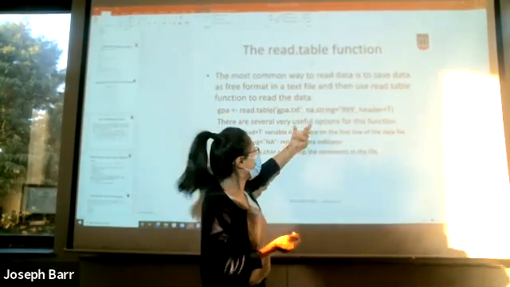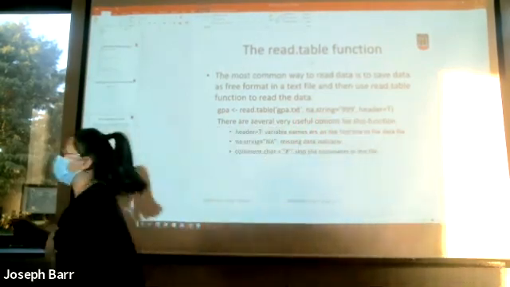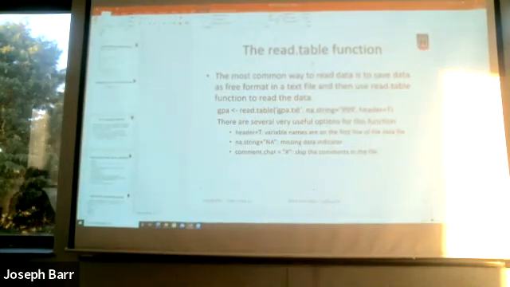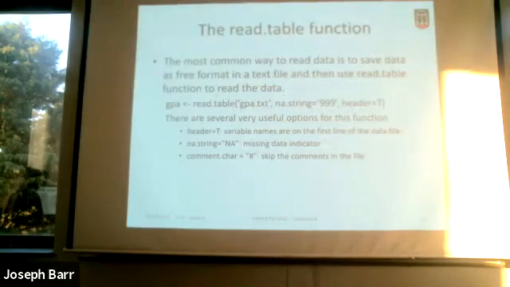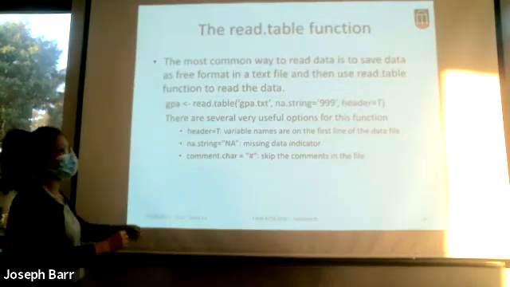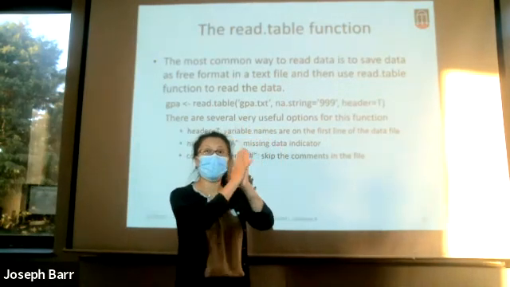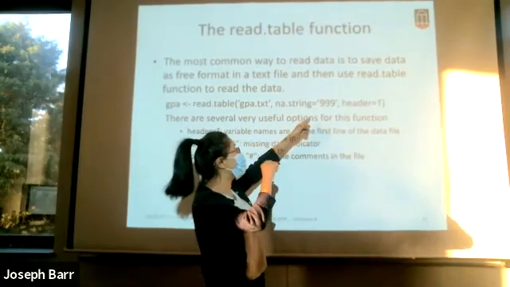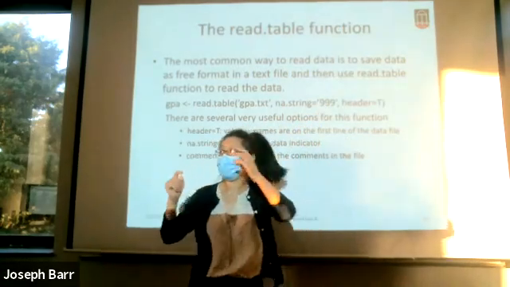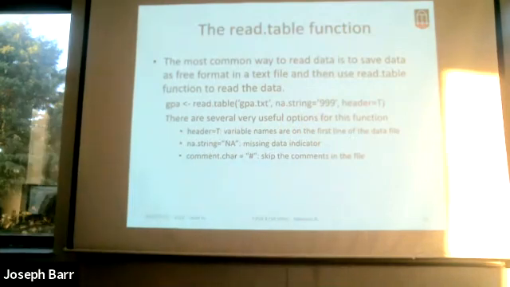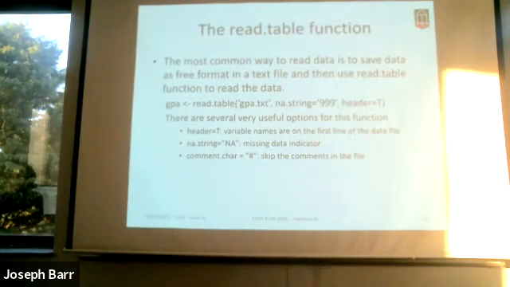And here we have some parameters, some options. The NA string, what does that mean? If you have a missing value marked as 999, then it is treated as a missing value. And header equals true, what does that mean?